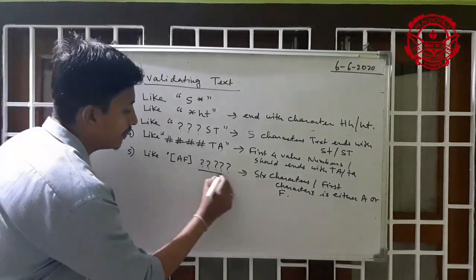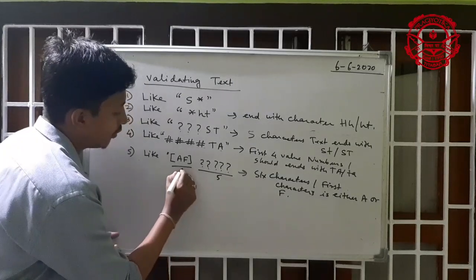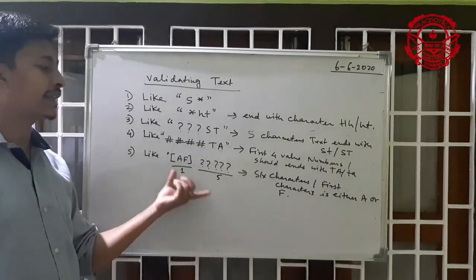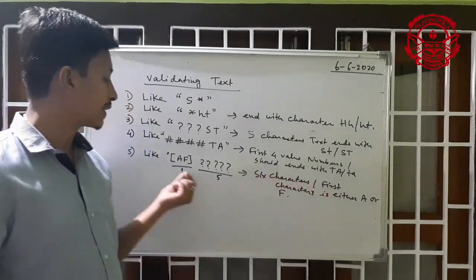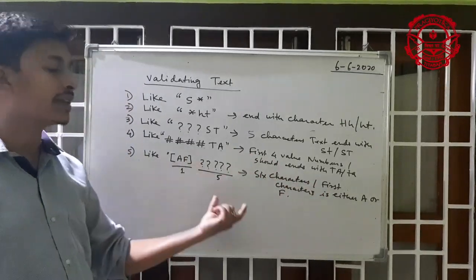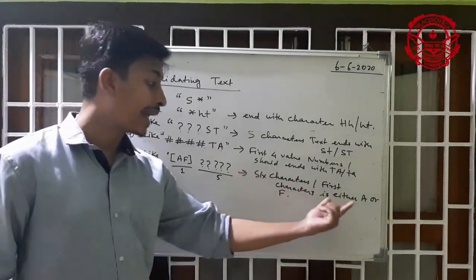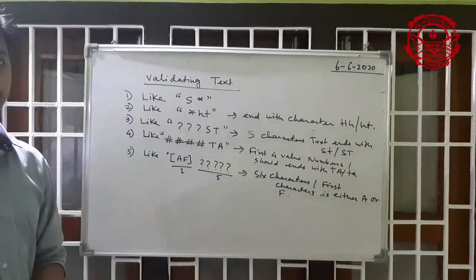This is 5 and this is 1, means 6 characters. It accepts 6 characters, and the first character is either A or F. Okay?